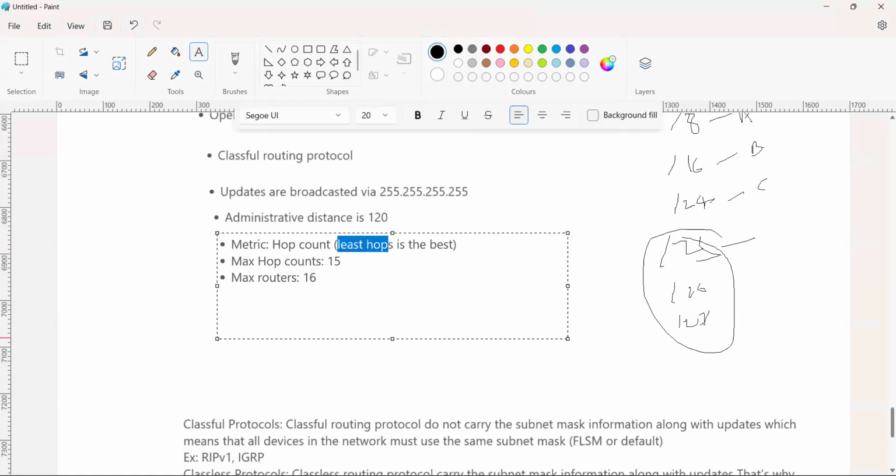Whichever has the least hops is the best one. The maximum hops here are 15. If a 16th hop is there, it will not send the information; it will send up to 15 only.